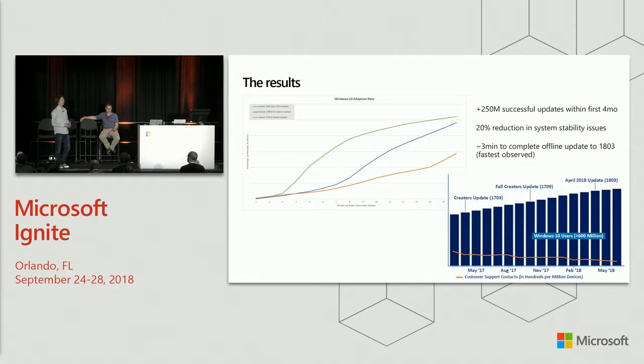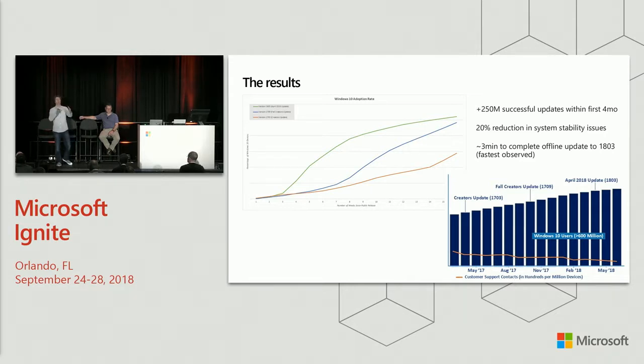So our probabilities were right in picking the right devices, and we saw better health after update than before for over 250 million devices within 3 months. And during that time, we saw a 20% reduction, and these are big numbers, a 20% reduction of overall system stability issues for devices. And so that's looking at OS issues, driver issues, firmware interactions, things of that nature.